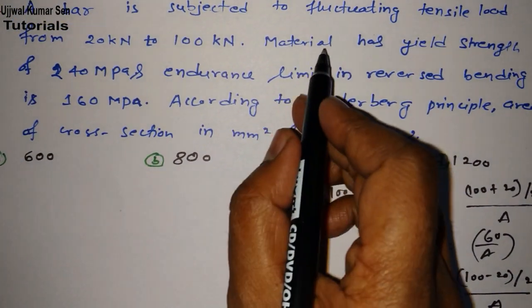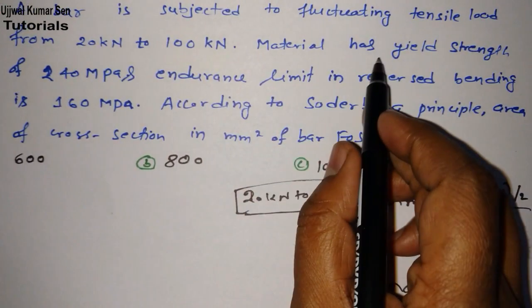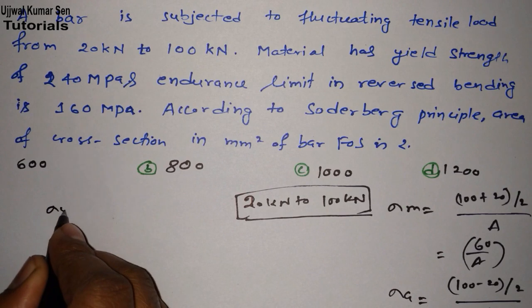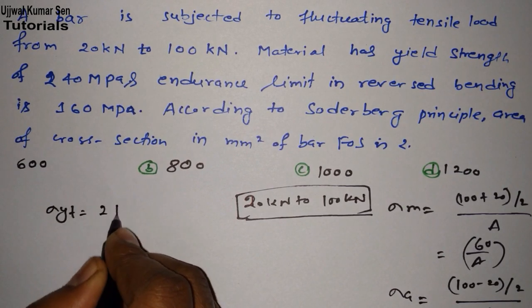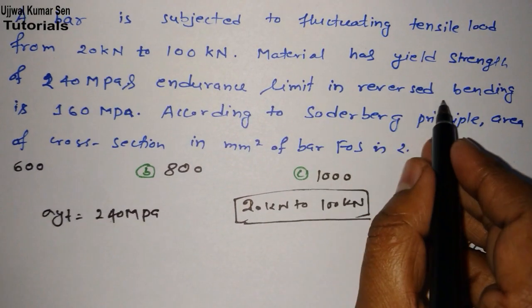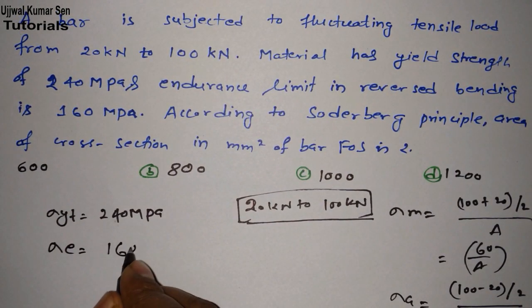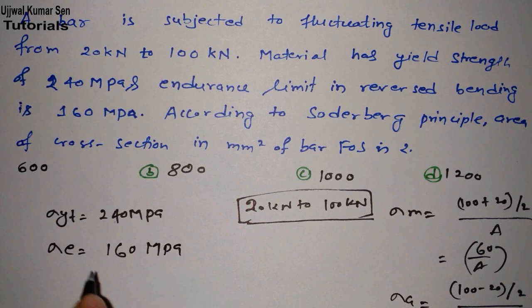So what they have stated further is that the material has a yield strength, so sigma YT is equal to 240 megapascal, and the endurance limit in reversed bending, sigma E, is equal to 160 megapascal.